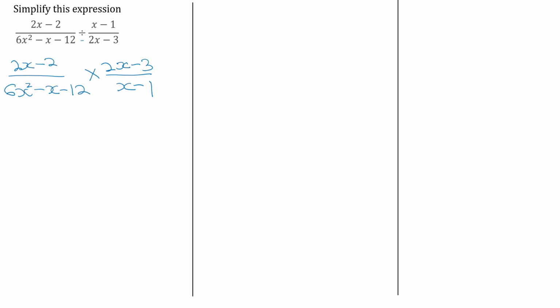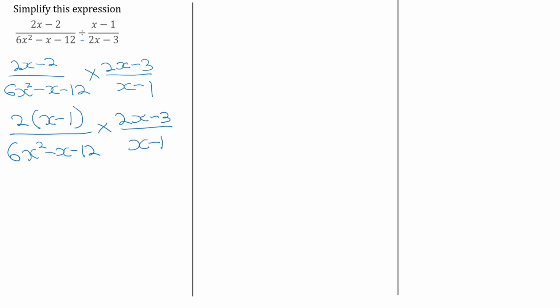You can simplify this one further, and as you can see here, we have like terms. You factor out 2 into x minus 1, close the bracket, over 6x squared minus x minus 12 multiplied by 2x minus 3 over x minus 1.